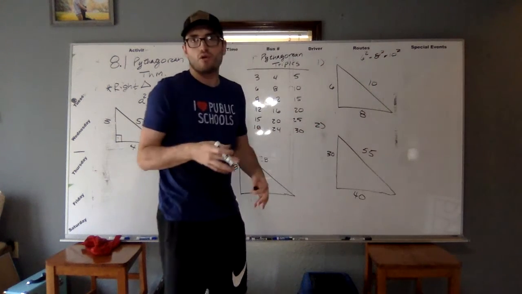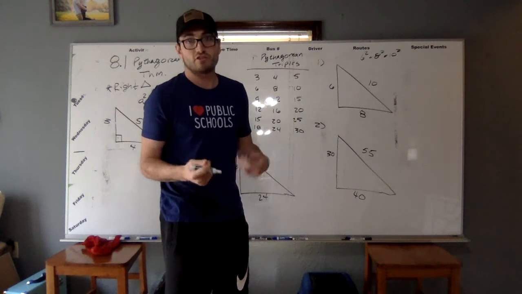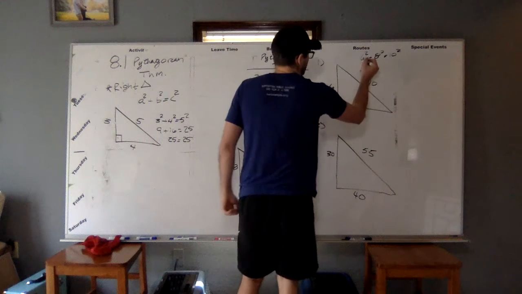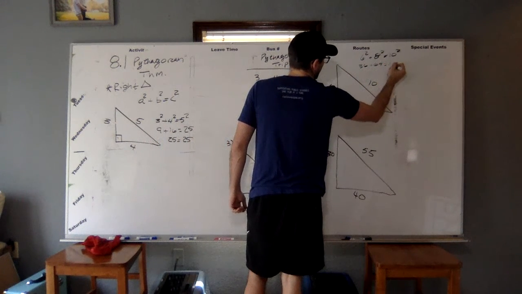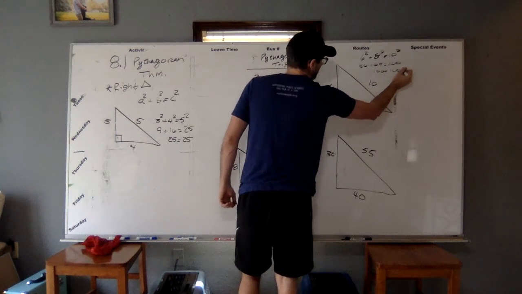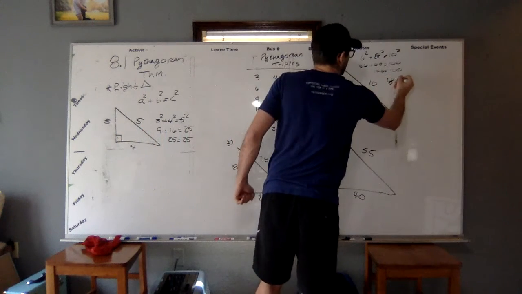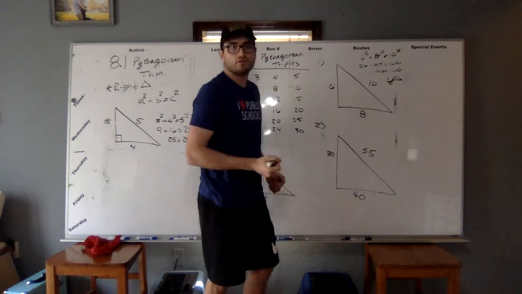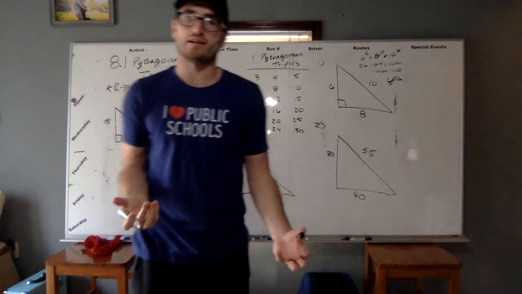If that ends up to be true, if they are equal, then I know it's a right triangle. Of course, like I said, we did the shortcut, so we already know it should work. Okay, 6 squared is 36, plus 64 equals 100. We add those together. 100 equals 100. It works. So my answer is yes. This is a right triangle. Okay, I've shown that it has to be a right triangle based on its side lengths.